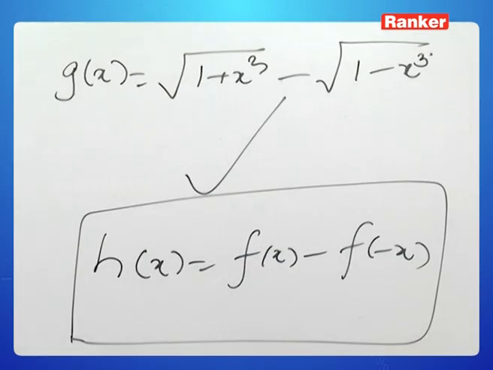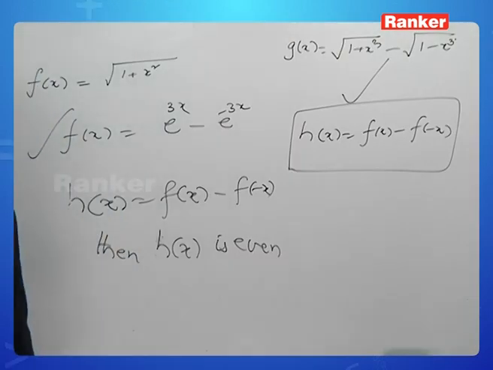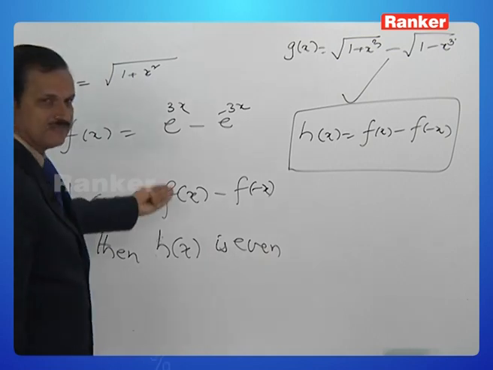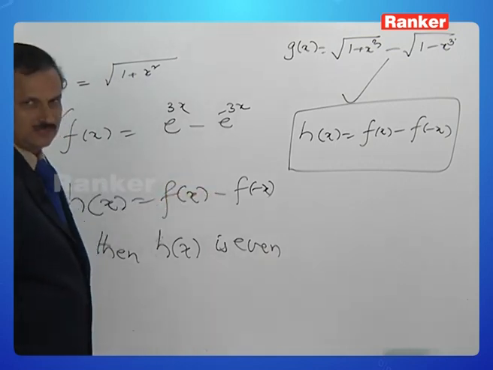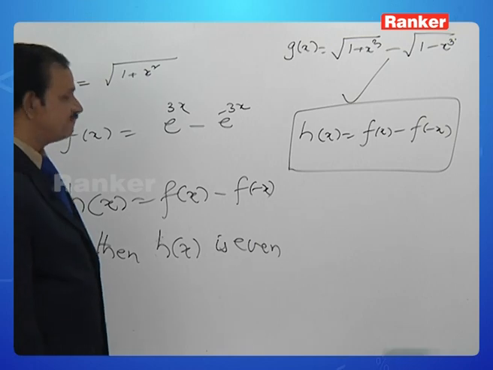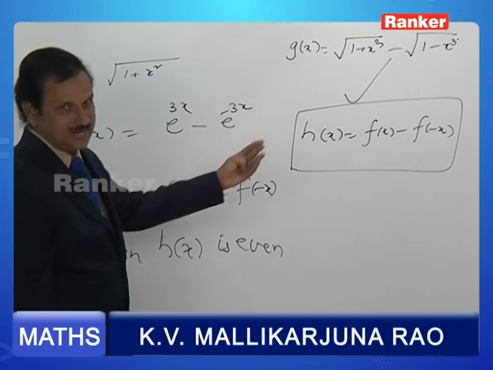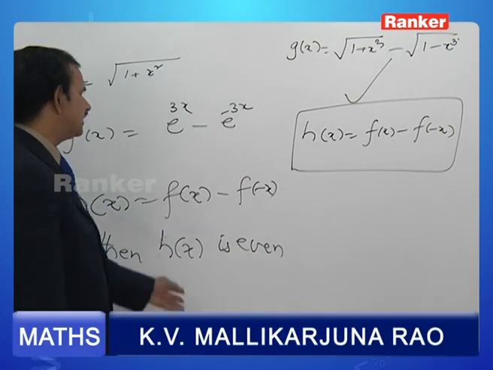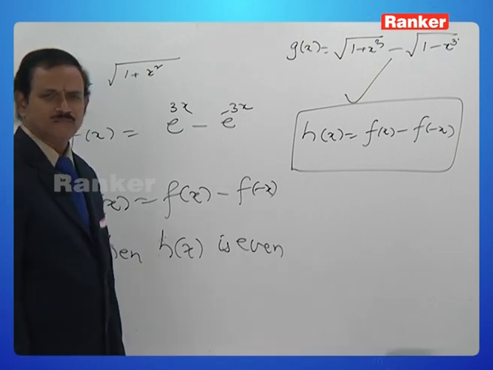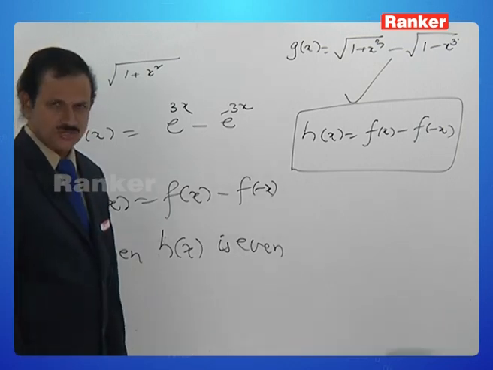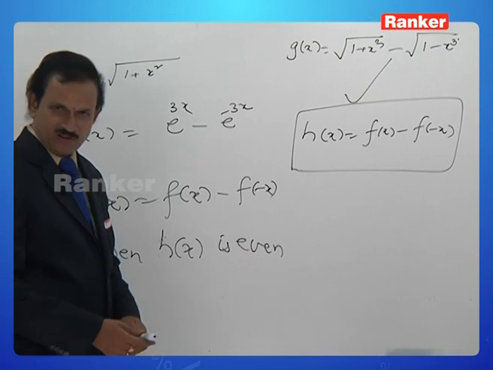That is an odd function. The basic thought is the function must be in the form f of x minus f of minus x. In order to notice that it is an even function, you must have f of x plus f of minus x. Like this, we can observe so many things related to even functions and odd functions.